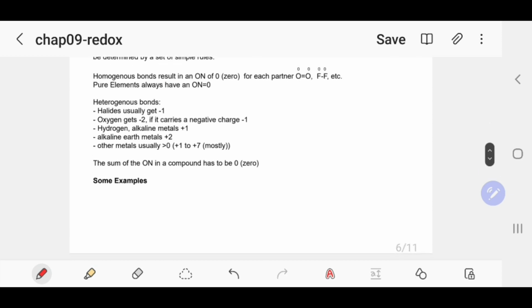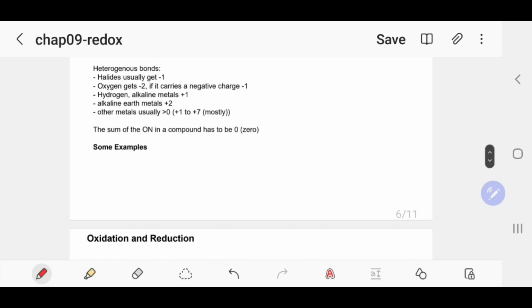When you have a homogeneous bond, like for example O2, F2, S2, so a bond which is composed of only one type of element, of pure element, then the oxidation number is 0, of course, because there is no element more electronegative than the other, because all of them are similar. So that's definitely so, like in the case of dioxygen, both elements get 0.